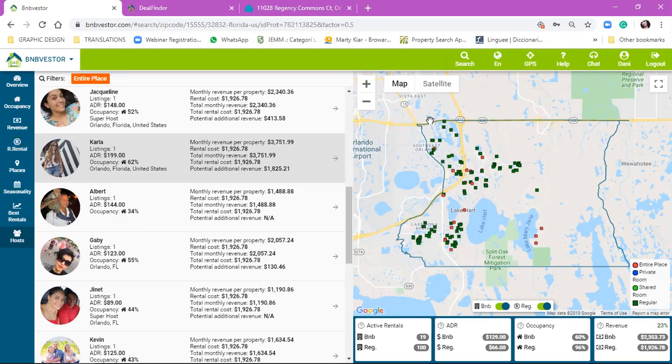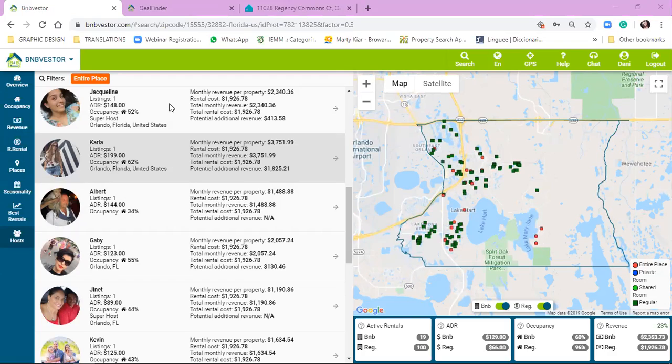So, for example, if you subtract the 3,751 from the rental cost, you see that the potential additional revenue is what she's actually making. It's 1,880, I'm sorry, $1,825. So that is the actual additional revenue that she's receiving with that property. There would be other calculations if she were to have more than one property.